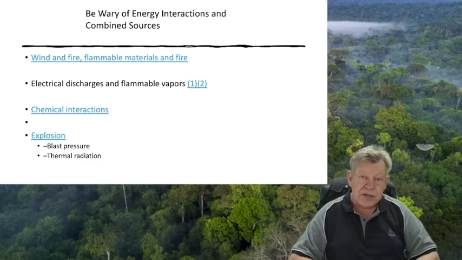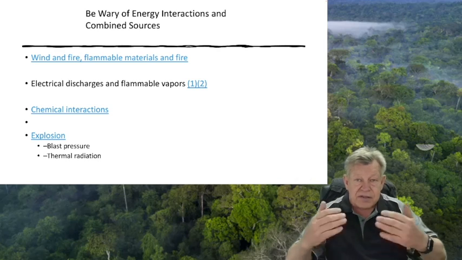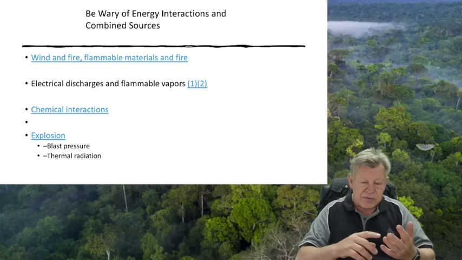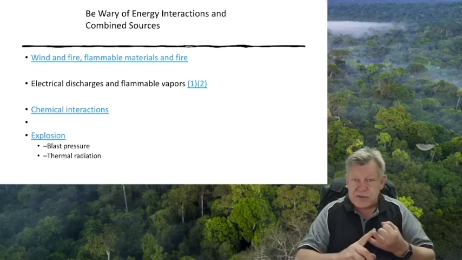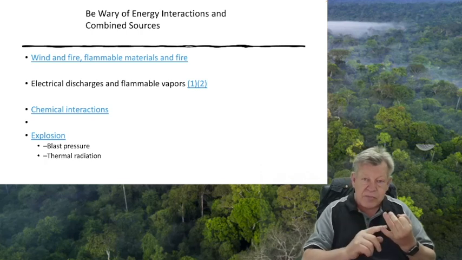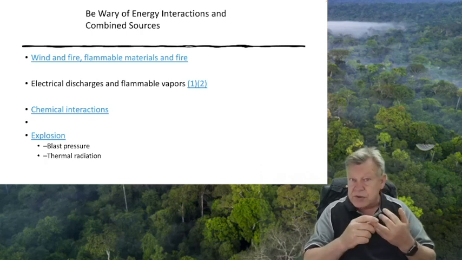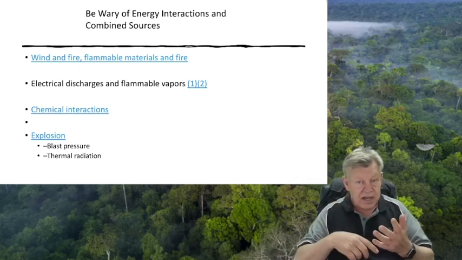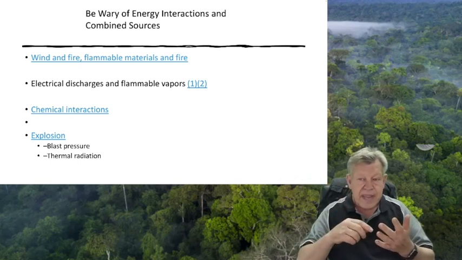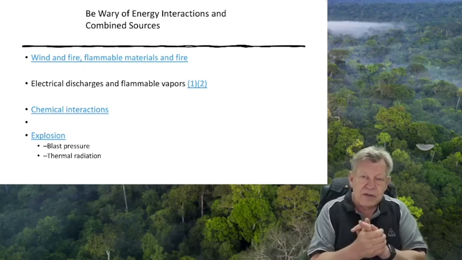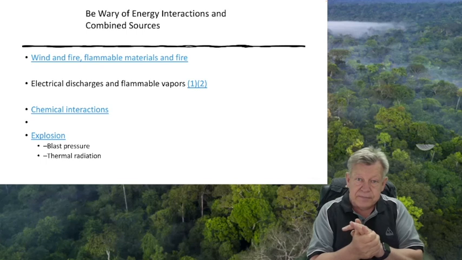It gives it more oxygen, and it starts moving it faster and faster through a forest, for instance. Now we've got two hazards. We've got the wind, which we should see as a hazard, because that can break things on its own. It can move things on its own, although it's useful if I use it for generation, for sailing, and for other things, cooling. And I've got fire, and these two are now working together, and now I've got a big fire.